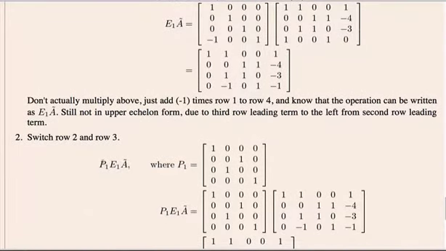That's a permutation matrix. Let's denote it with P1. And switching row 2 with row 3 means that in this identity matrix, we switch around the 1 entries between the second and the third row. So originally the identity matrix has 1 here and here, but now we switch it from 2 to 3 and from 3 to 2.